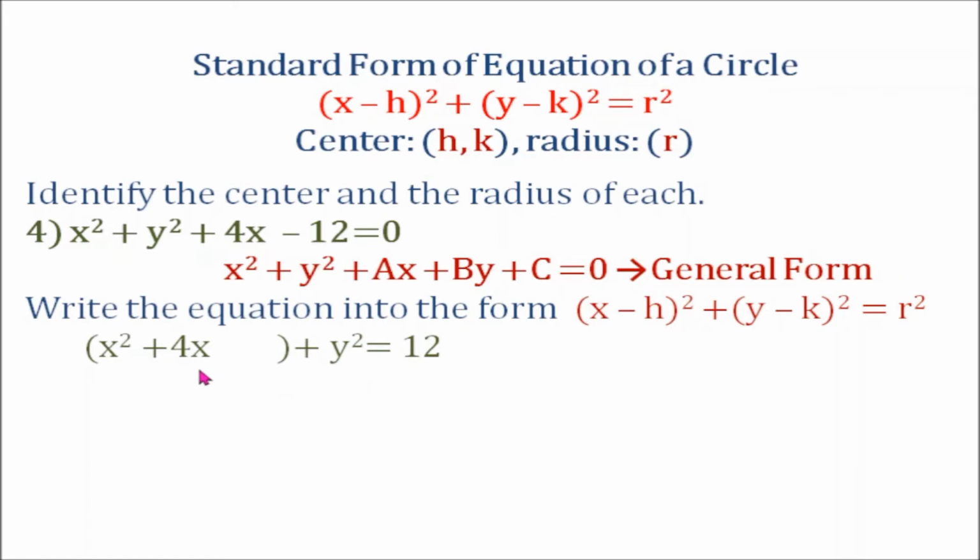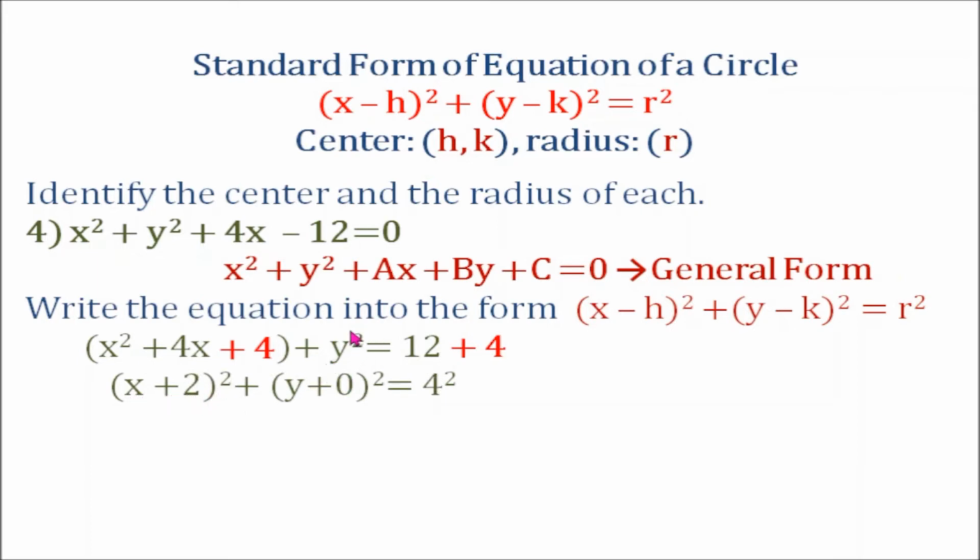Now, we are going to complete the square here. To complete the square, we are going to find half of 4, which is 2, then square it. So 2 times 2 is 4, so we are going to add 4 here. And because we added 4 on the left side, we are also going to add 4 on the right side. And now x squared plus 4x plus 4 is a perfect square trinomial, so it can be written as the quantity x plus 2 squared.